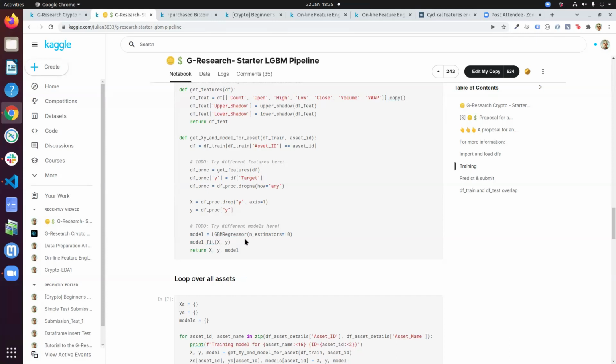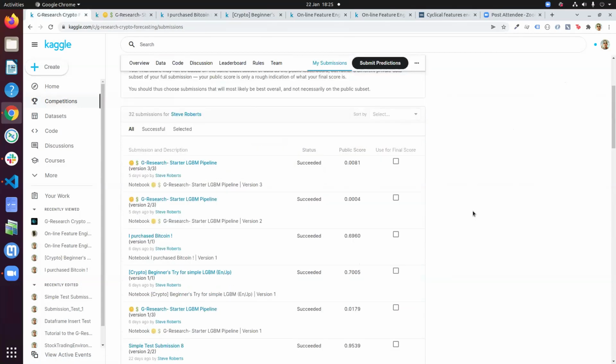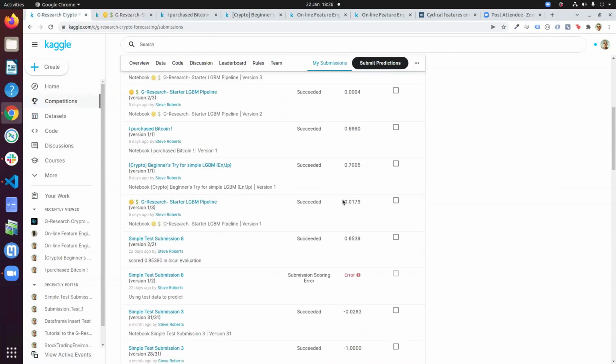I don't know much about boosting regressors, but this number is, I suppose, really low. When you run this, you get a score of 0.0179, which according to the discussion is half reasonable.